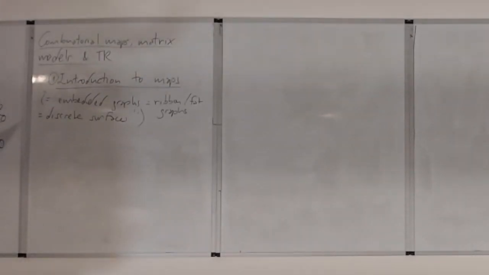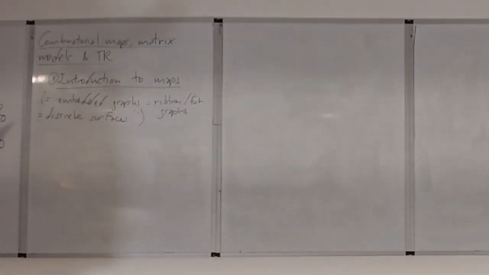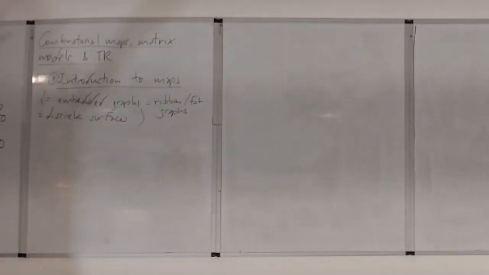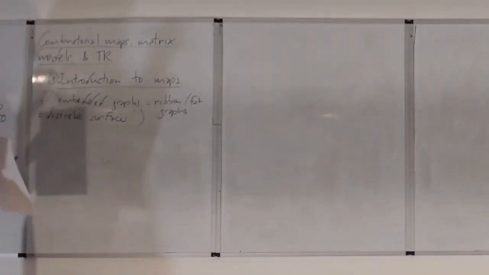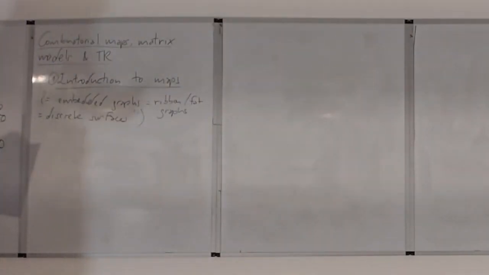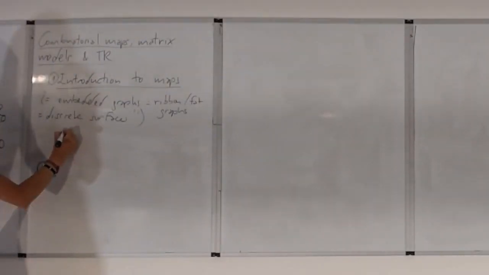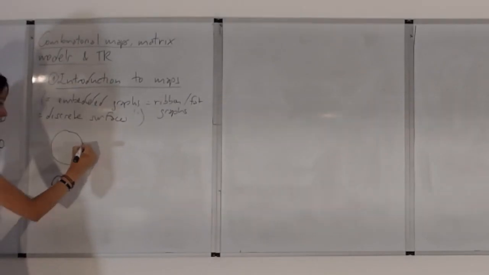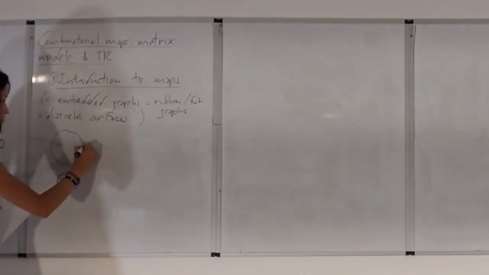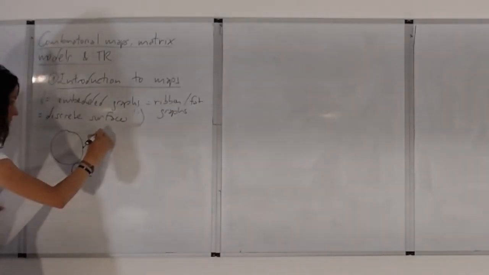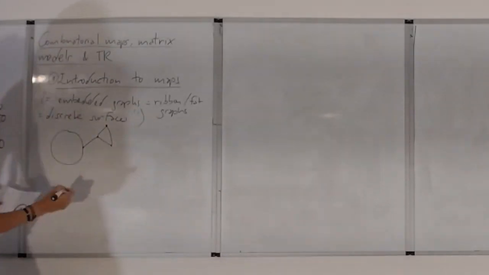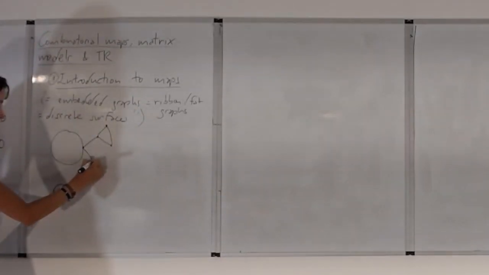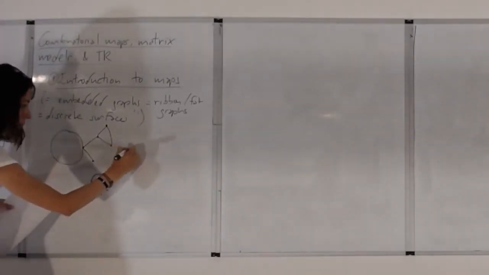Yes, so these embedded graphs, intuitively they are just graphs drawn on a surface. And the fact that they are embedded on a surface is very important because we can have, for example, these two graphs embedded on the whiteboard. So on the sphere projected on the plane, but you should just imagine it as the sphere. These two guys are the same as graphs.